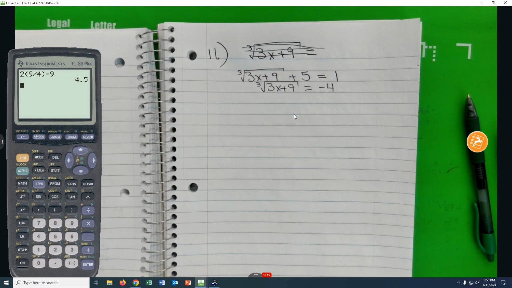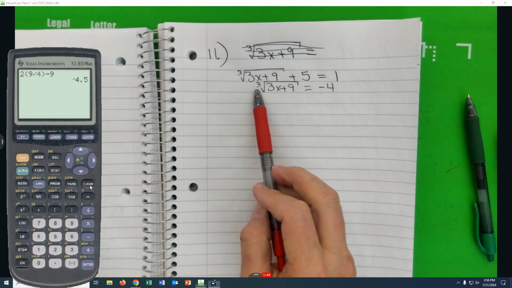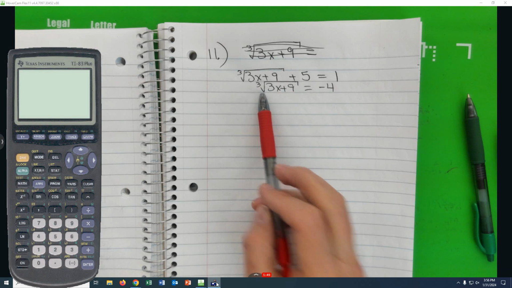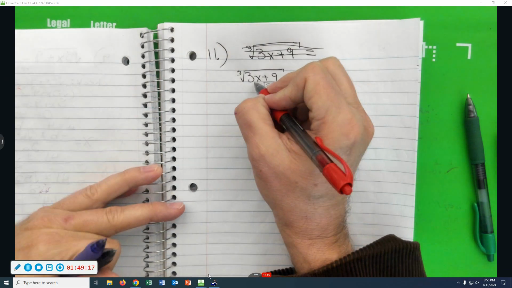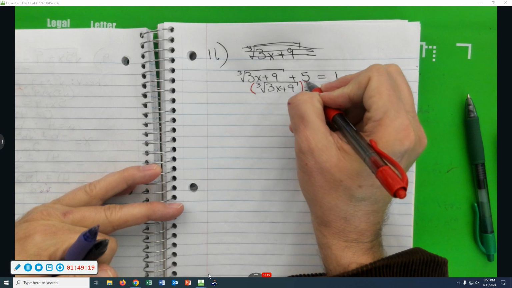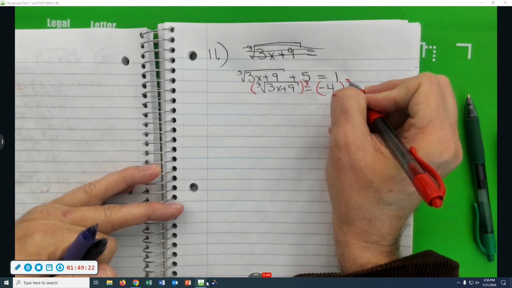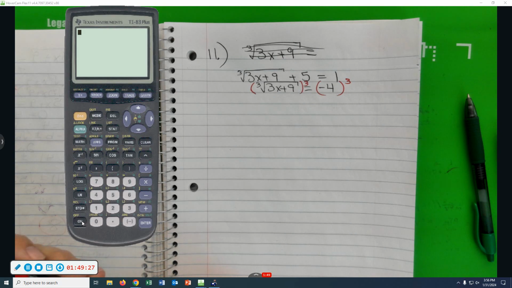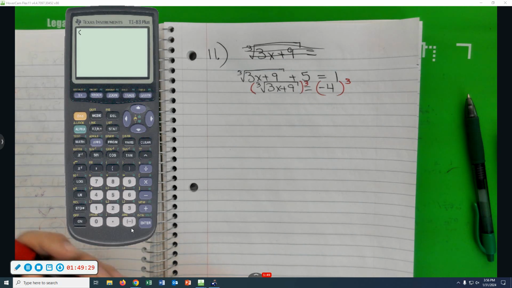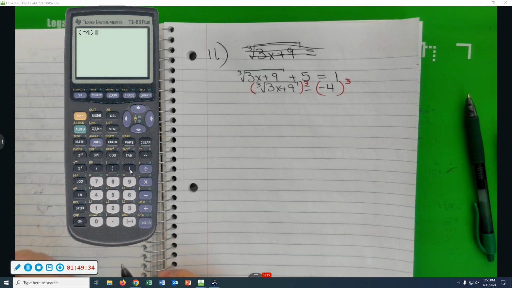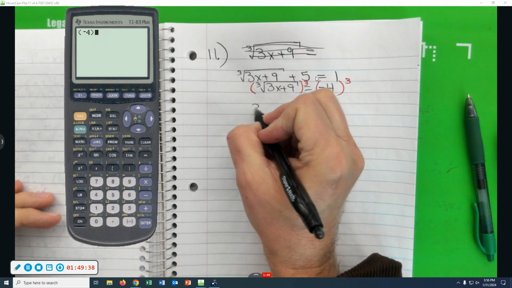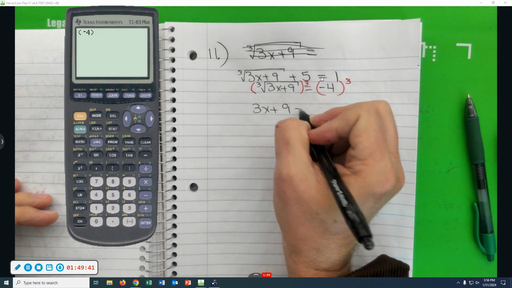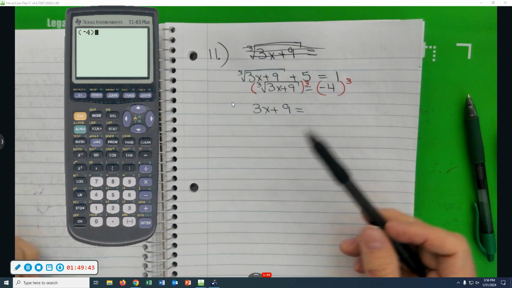Now we're going to raise both sides to the index power. So instead of squaring both sides, we're going to cube both sides. The left side reduces very nicely. The cube root of 3x plus 9, cubed, is going to reduce to 3x plus 9. The cube root and the cube cancel out. Don't say negative 12.